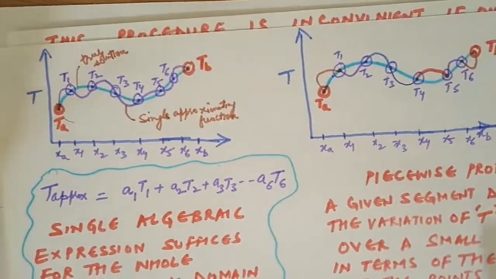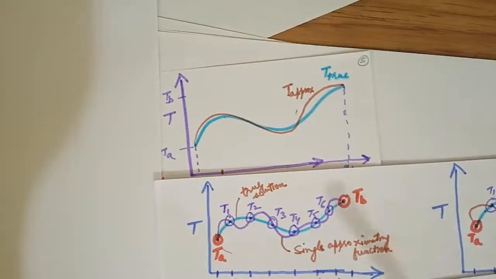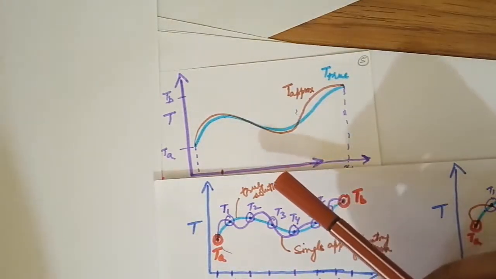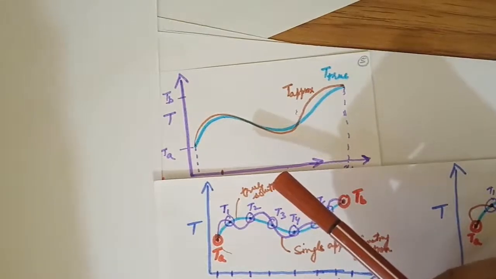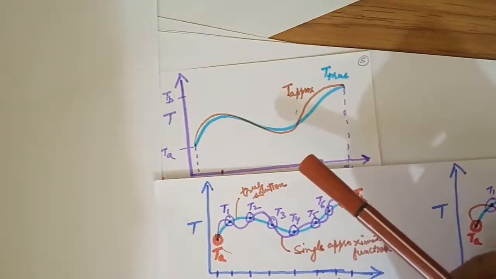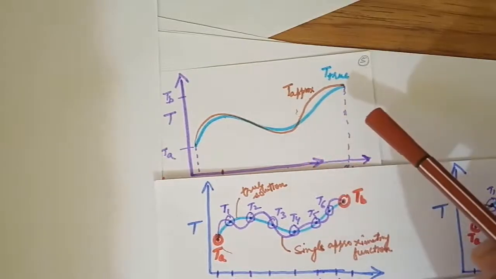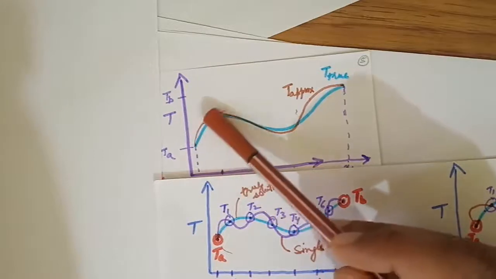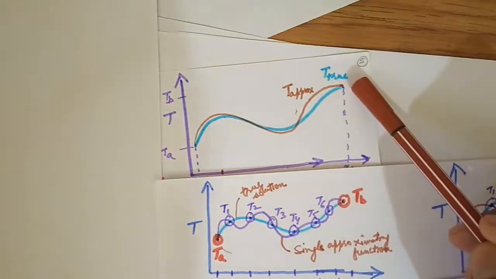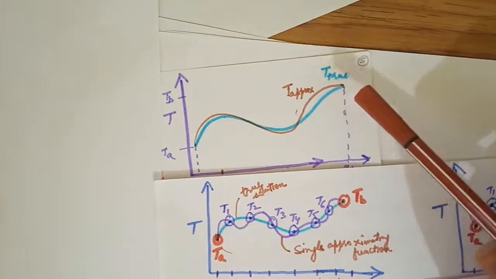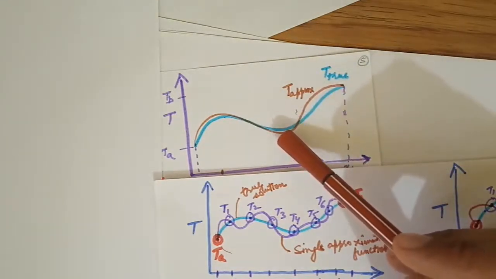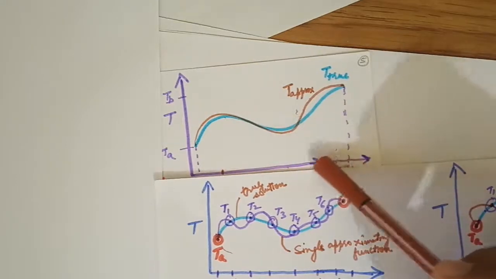Now please try to see the difference between the two. Here in the first case, when we were using an approximating function, say T approximate is equal to C0 plus C1 x plus C2 x square and so on, we got this brown curve as the solution. So this brown curve could actually give us values of temperature at all values of x in the entire domain.